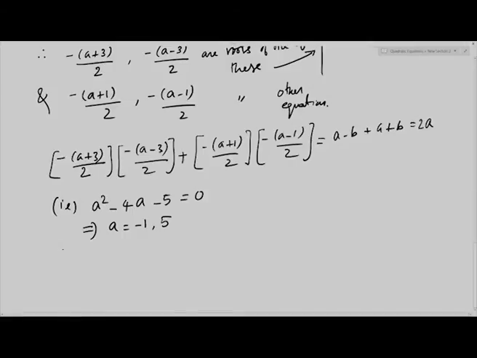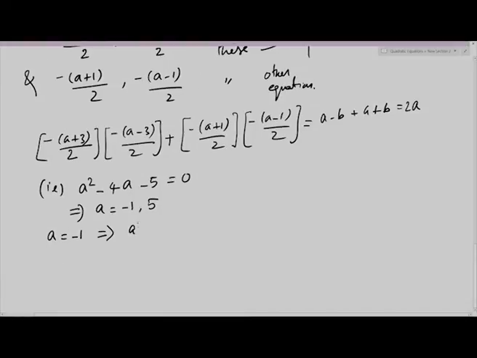Now, if I take a is equal to minus 1, this gives a square minus 4 is equal to a minus b, which gives the value of b is equal to 1. Similarly, if a is equal to 5, this gives b is equal to again the same value 1.